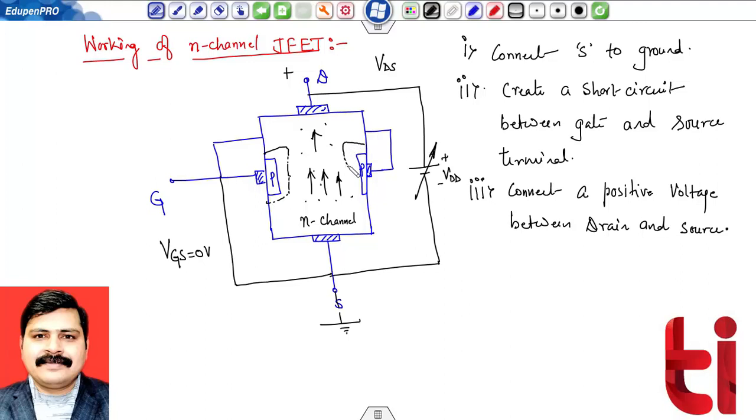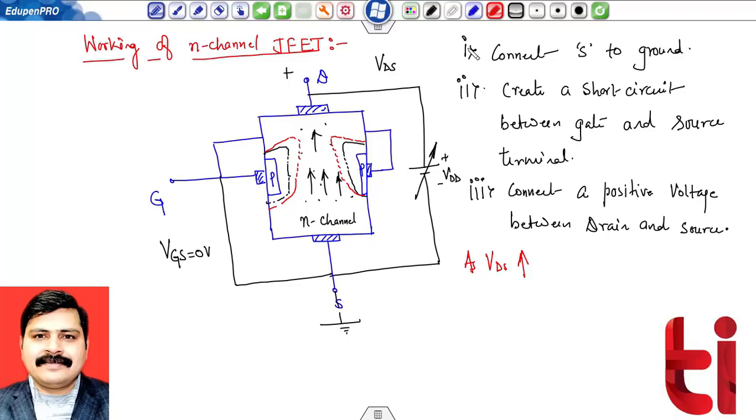So as you can see that this is a PN junction, and depending upon this voltage VDS, as the value of VDS increases, the depletion region towards the drain side will also increase.